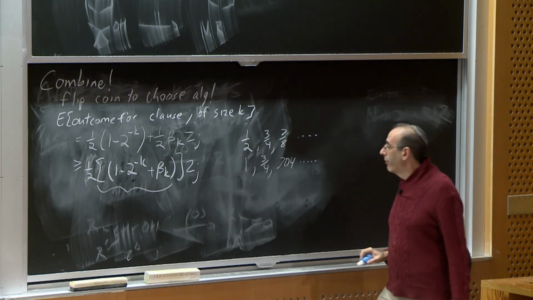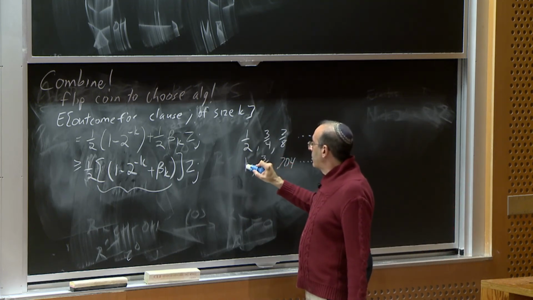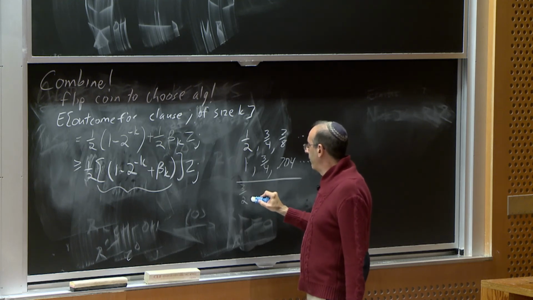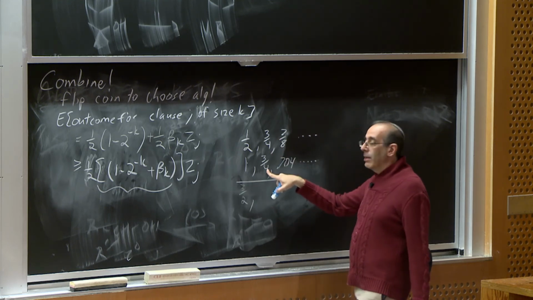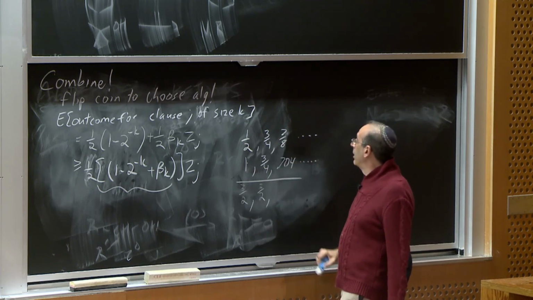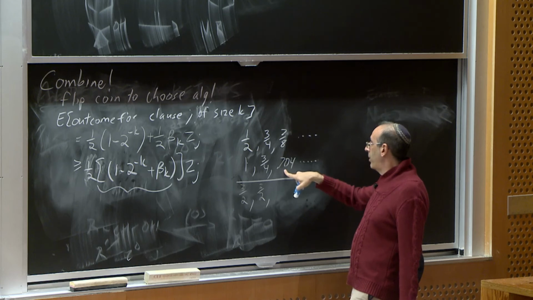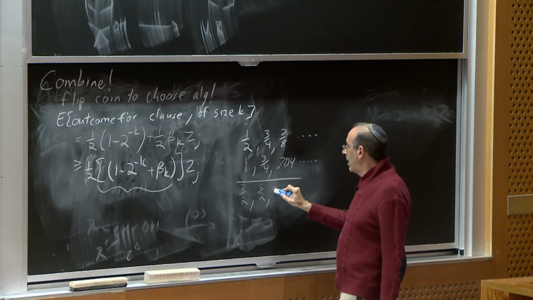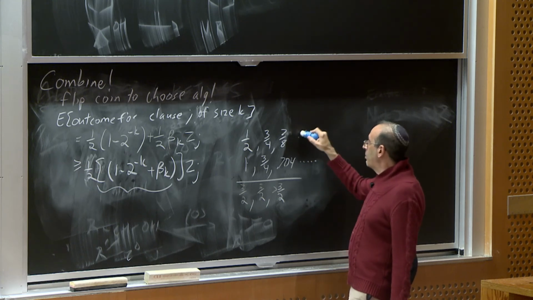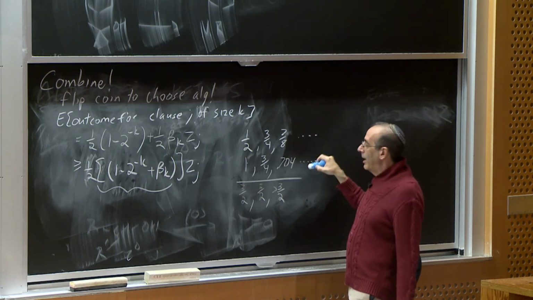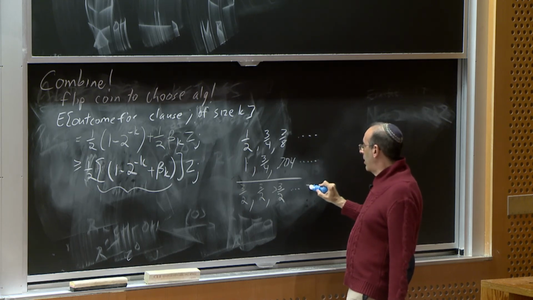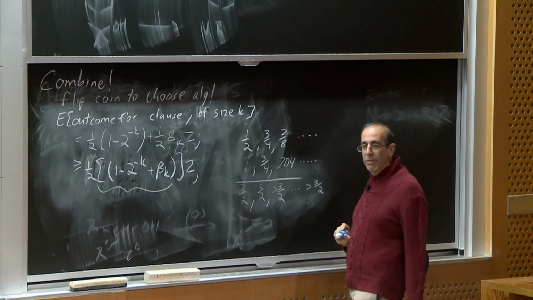So if k is 1, we get 1/2 plus 1, which is 3/2. If k is 2, we get 3/4 plus 3/4, which is still 3/2. Here we get 7/8 plus 7/10, which I'm not even going to bother computing, but is bigger than 3/2. Basically, at this point, this is really close to 1, and beta k never drops below 1 minus 1 over e, so all of these other quantities are bigger than 3/2.